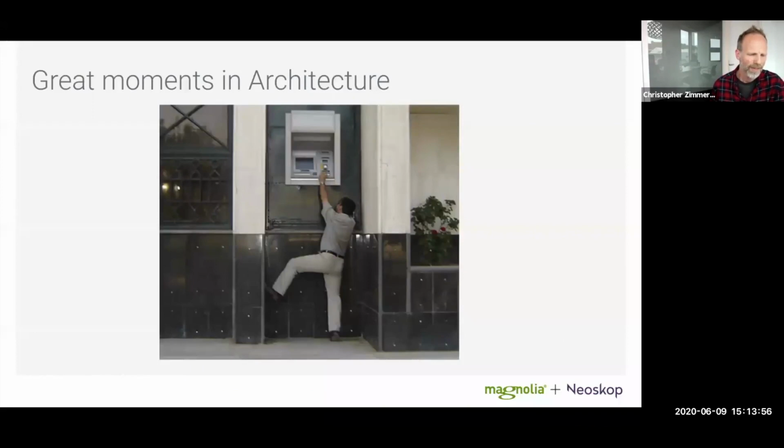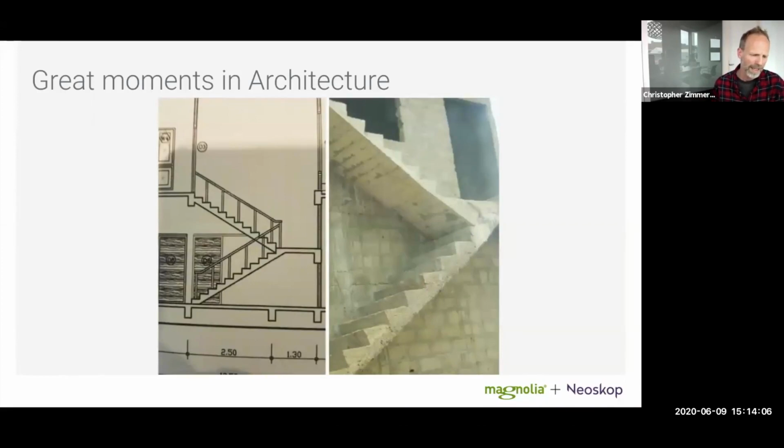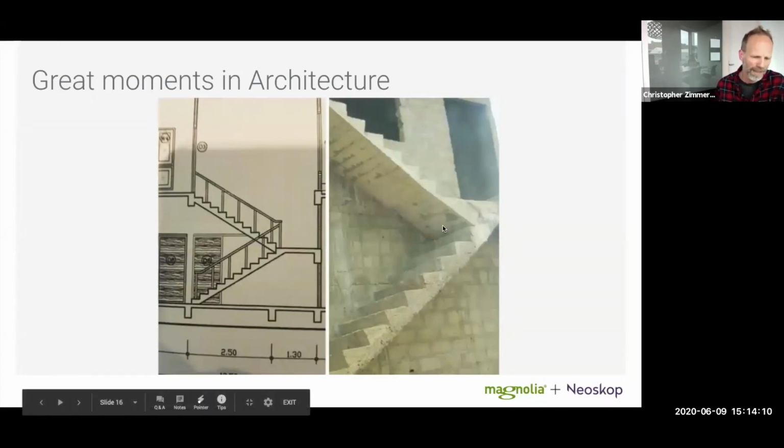If we extend this out of the web sphere into architecture, this might be the same kind of problem that you would get when you didn't have the full information about what you were creating. Maybe you had some specs, but you didn't have the full picture, and you create something that's not exactly what was intended.